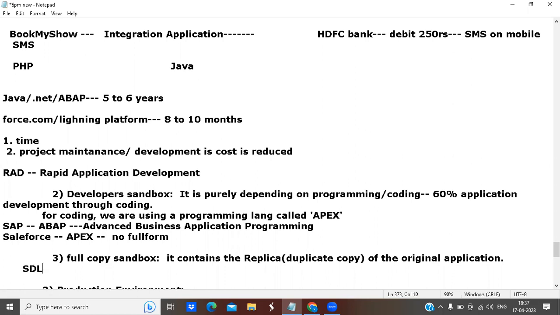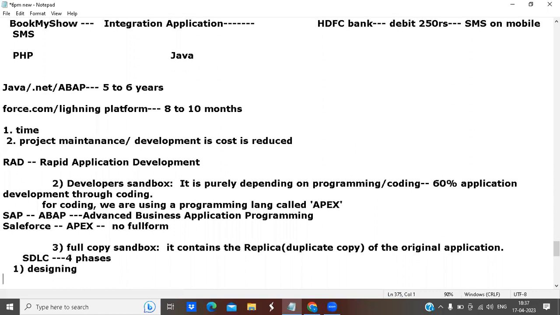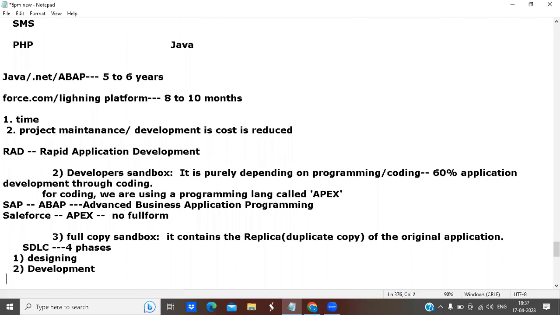Actually, SDLC: SDLC stands for Software Development Life Cycle. It contains how many phases? 4 phases. One is designing, second is development, third is testing.